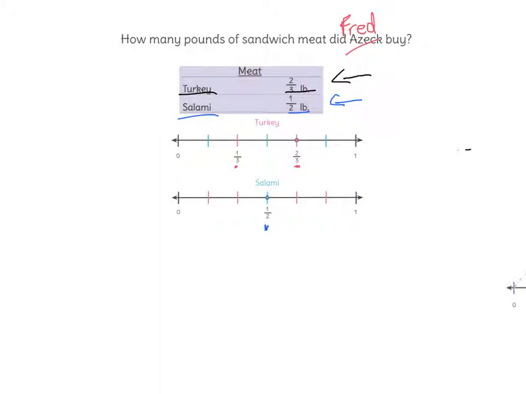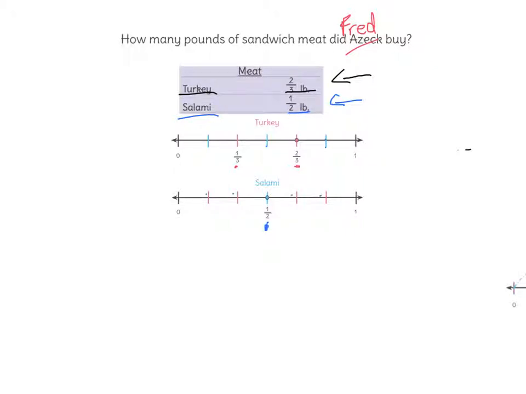Now the cool thing about these number lines is that they're now broken up, and so what we did was we took the 1/2 and the 1/3 and made sure there was a 1/2 in each one of them. So we divided the 1/3 in half, and then we divided the 1/2 into thirds.